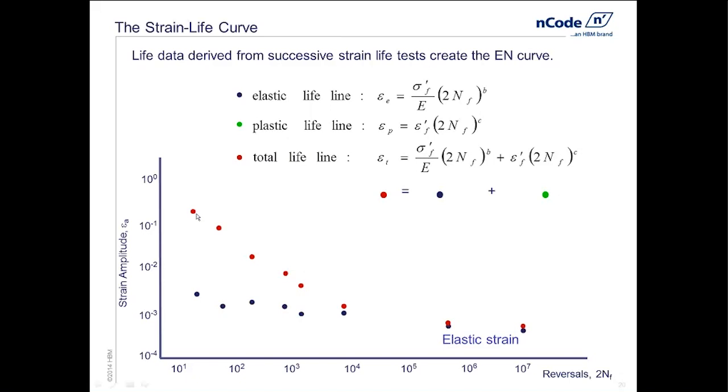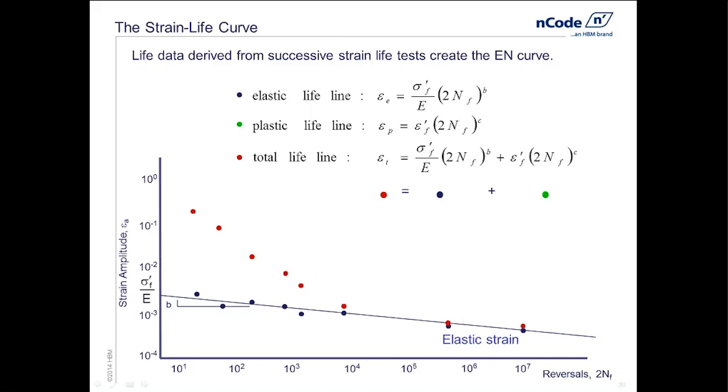So now these are the elastic strains, the elastic portion of the strain from the total. And from these elastic strains, we basically do a linear regression. Again, this is on a log-log plot, and so we end up basically regressing this, what we call the elastic line or strength line, through the elastic data. And from this, we get two parameters for the strain life equation.